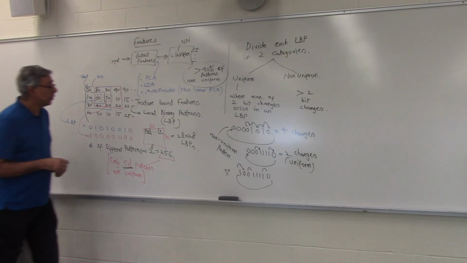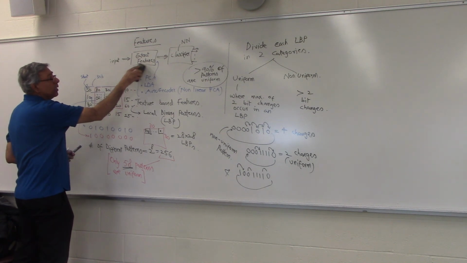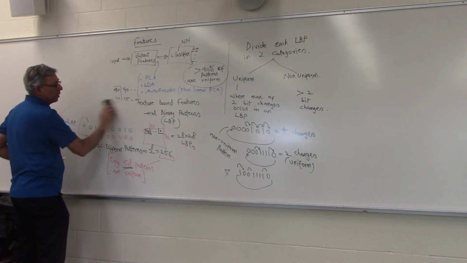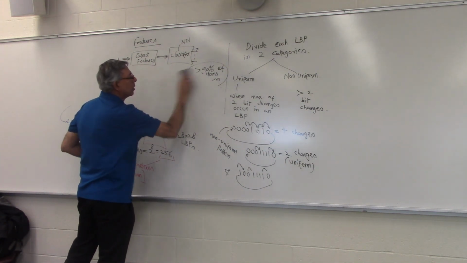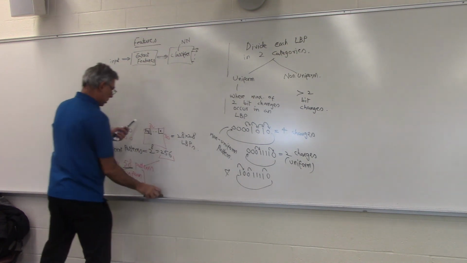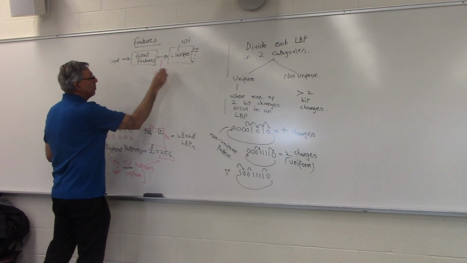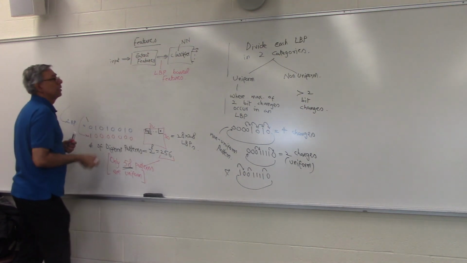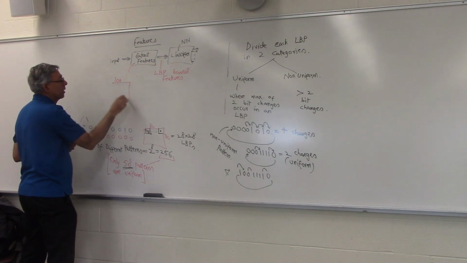Okay, so now let me show you how we will create local binary based features over here. Okay, so now we will have LBP based features. For example, we take a look at a 100 by 100 pixel.